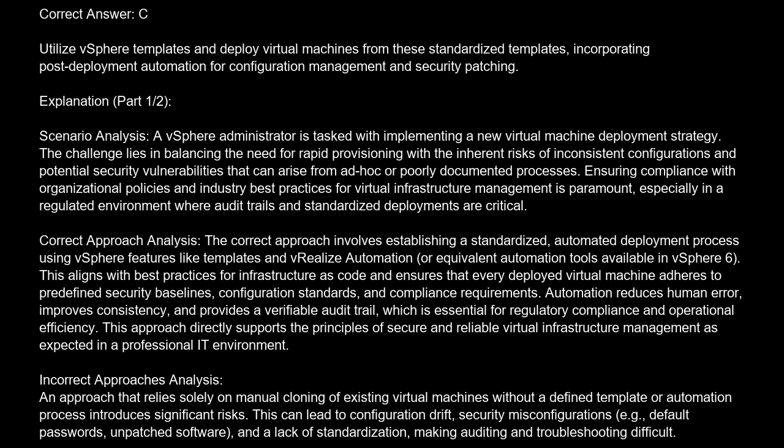Automation reduces human error, improves consistency, and provides a verifiable audit trail, which is essential for regulatory compliance and operational efficiency. This approach directly supports the principles of secure and reliable virtual infrastructure management as expected in a professional IT environment.